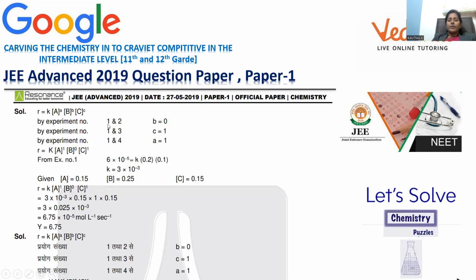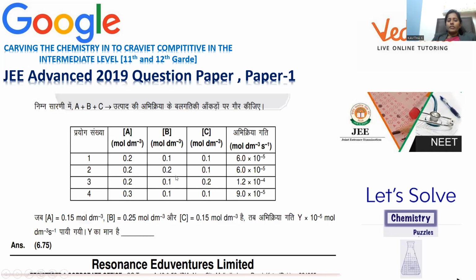If you observe experiments 1 and 2, one concentration remains constant: A is not changed, C is not changed, only B is doubled.